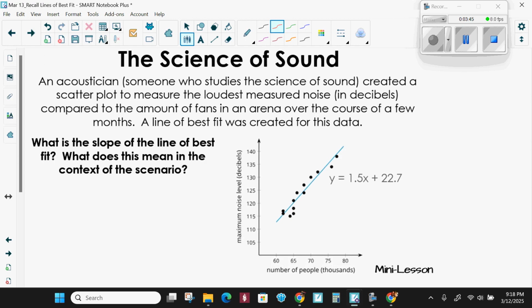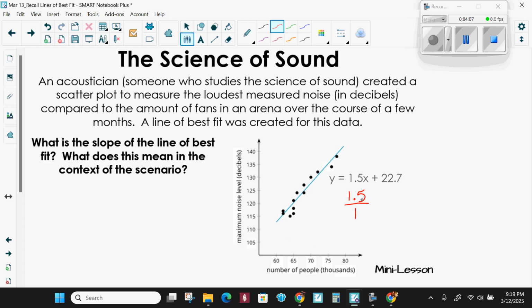Now it says, what is the slope of the line of best fit? So 1.5 is the slope, and that means for every 1,500 people, the decibel goes up one, or the volume goes up 1 decibel, because it's 1.5 over 1.